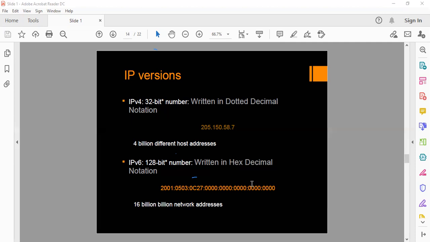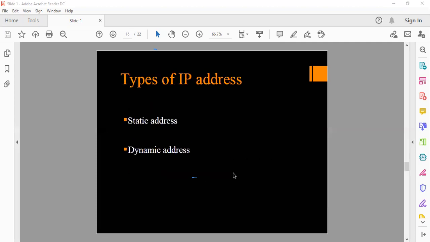If Sharif has a baby, maybe he uses a tablet. It means only Sharif uses that many IP addresses. That's why the scientists introduced IP version 6, because day by day the number of users is increasing.